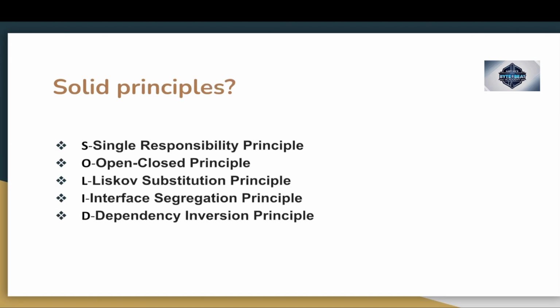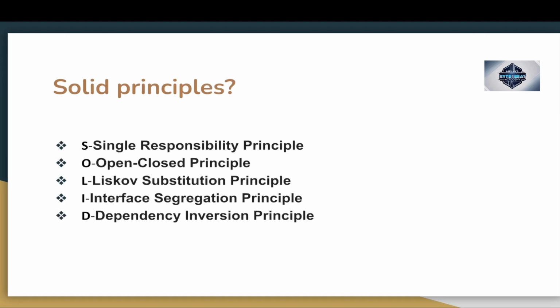So we have S for Single Responsibility Principle, O for Open Close Principle, then L, that is Liskov Substitution Principle, then I, it is for Interface Segregation Principle, and finally D, that is for Dependency Inversion Principle.